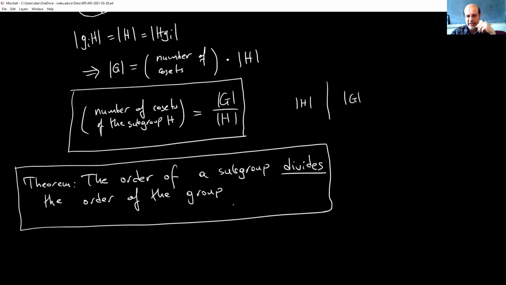And so by using this, we can actually search for subgroups in an easier way. But of course, we will also see a little bit more powerful relationships later. Okay, but this is one of the things that we use a lot.